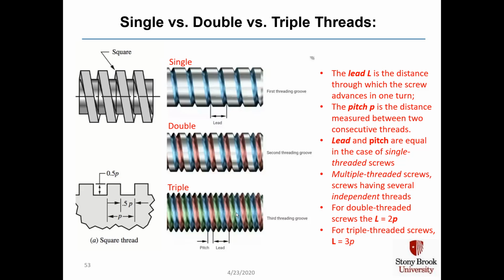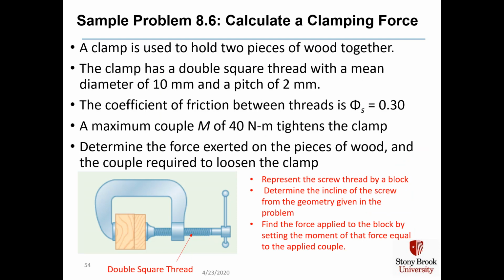lift up your load. Here is sample problem 8.6 for how to calculate a clamping force in a clamp that's used to hold two pieces of wood together. It's called a C-clamp, and you probably use this in woodshop class, perhaps in middle school, perhaps in high school. The clamp has a double square thread with a mean diameter of 10 millimeters and a pitch of 2 millimeters.